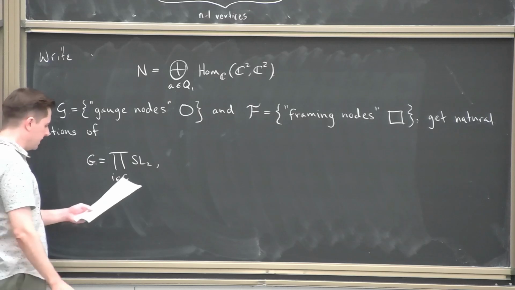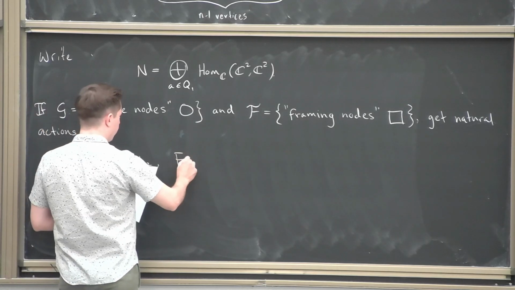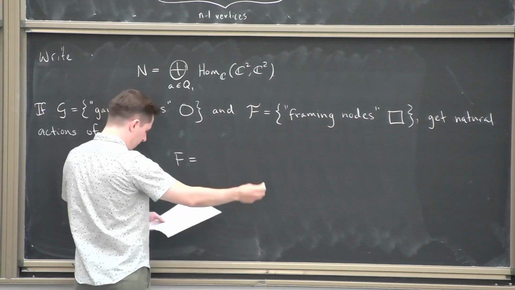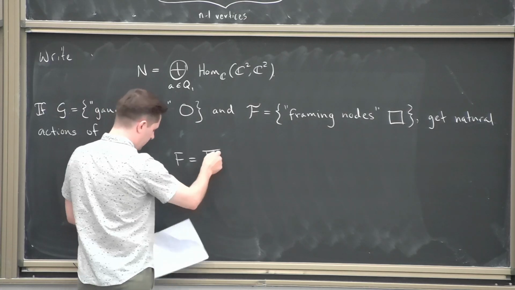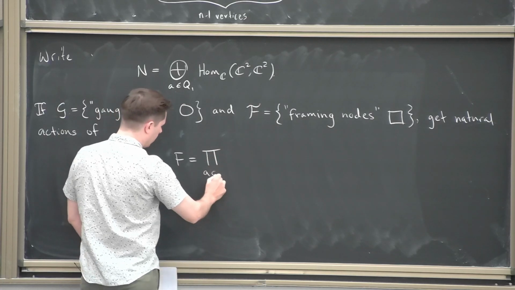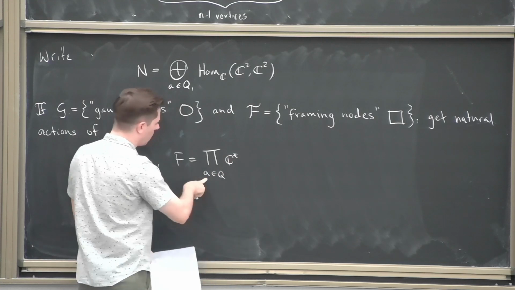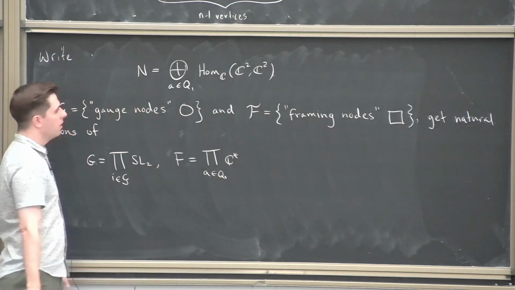And then there's F, which is an algebraic torus obtained by first taking a product of copies of C star, one for each arrow of the quiver.